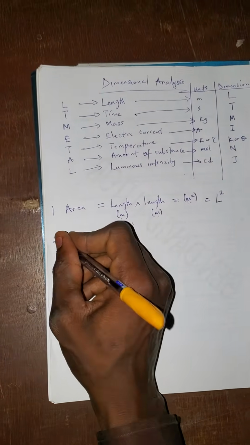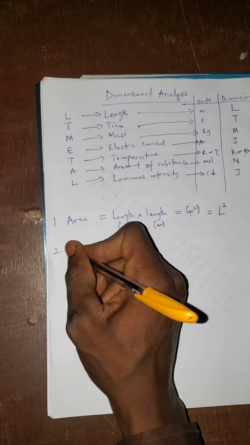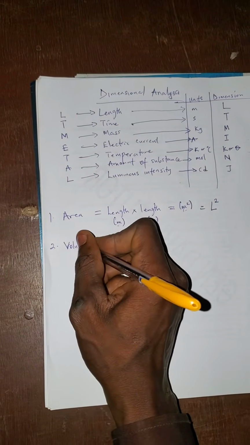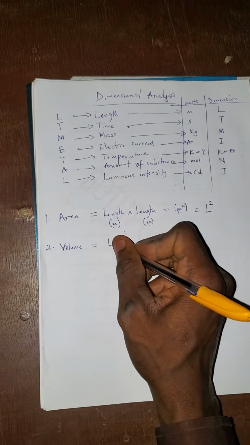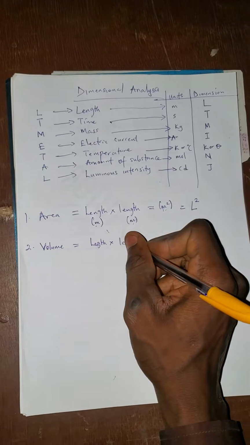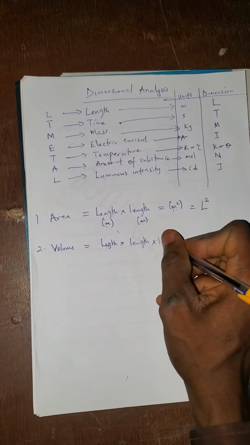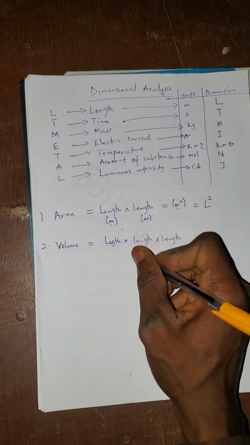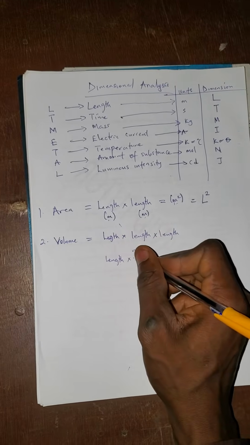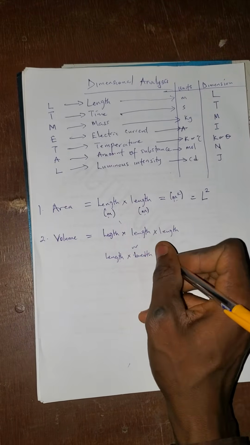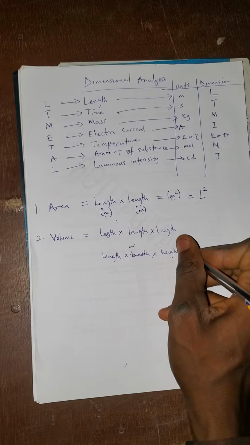Number 2. If you talk about the volume, it can either be length times length times length, or we use length times breadth times height.